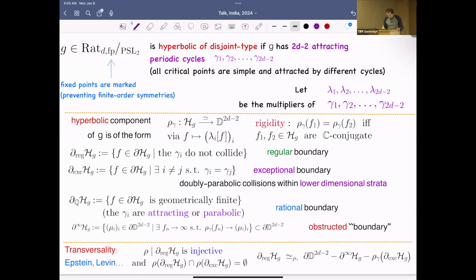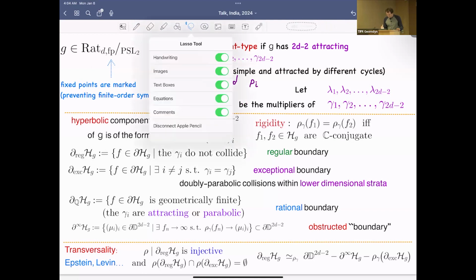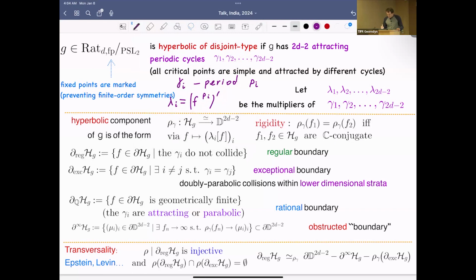If a cycle has period p, then the multiplier is just the derivative at one of the points of the cycle, it doesn't matter which. So we have 2d minus 2 multipliers.